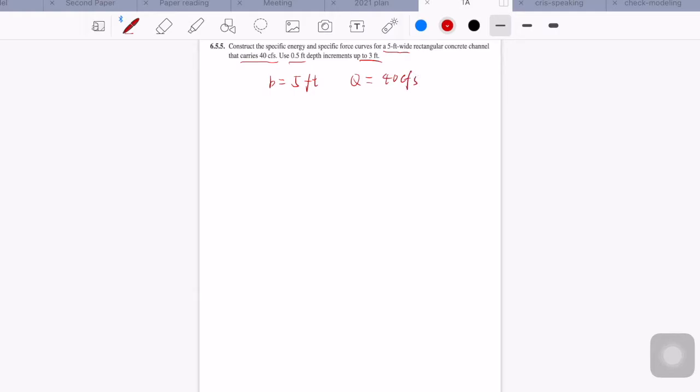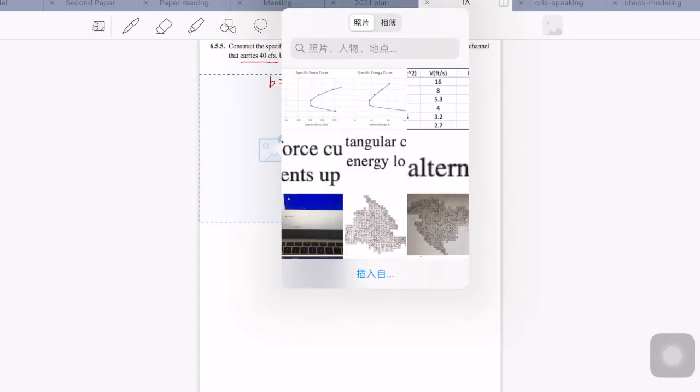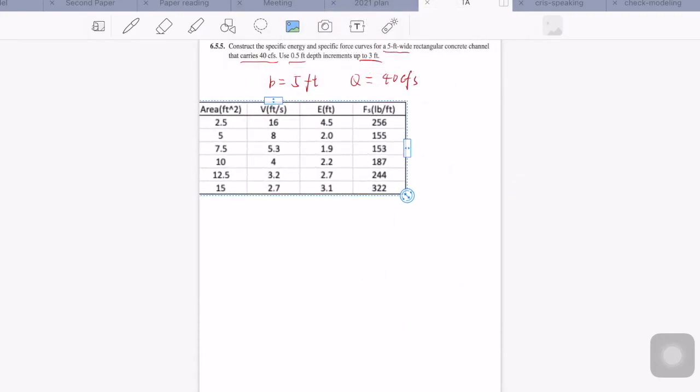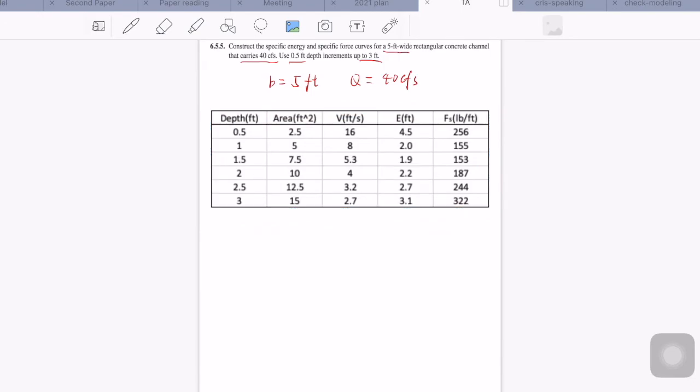And we can create a table like this one. The depths, y, are from 0.5 feet to 3 feet, and we apply this equation, A equals B times y. Since B equals 5 feet, we can determine the values in the area column.